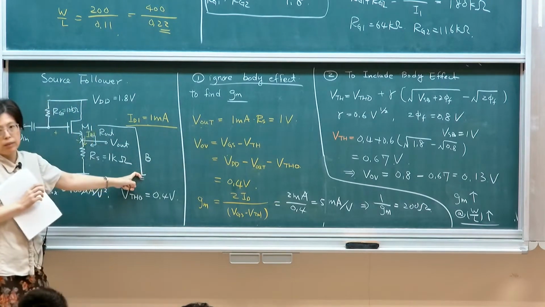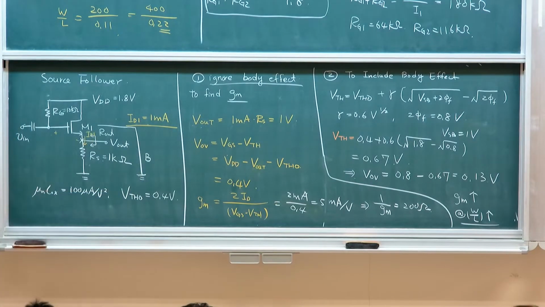Body is ground. Body is always ground by default. You can actually have something called a source-body tied structure, but that's a costly solution. And then there will be complications if you connect source and body.